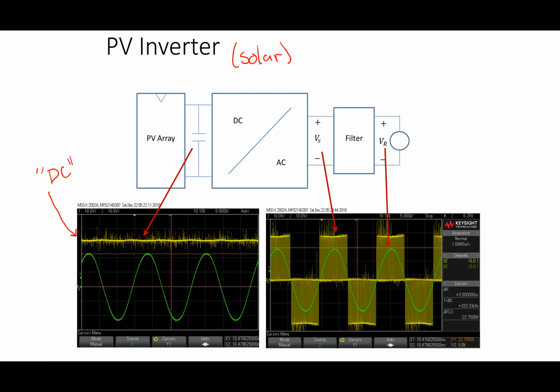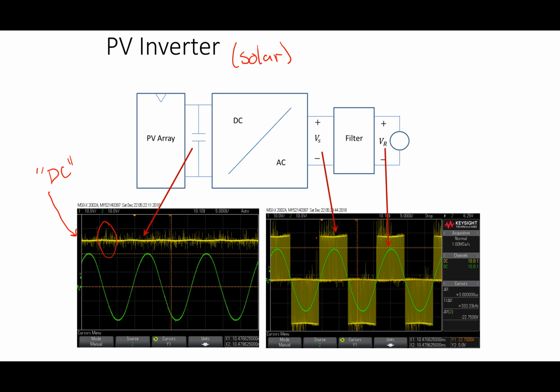It's got a capacitor in parallel with it, but it's noisy. I see some spikes here, but it's pretty much DC. The green waveform, in both the picture on the left and the picture on the right, is the grid voltage, the voltage that Duke Energy provides, and sure enough, it looks like a sine wave.